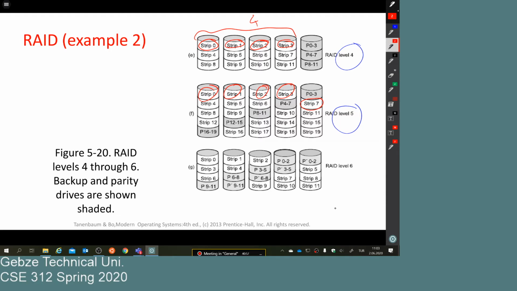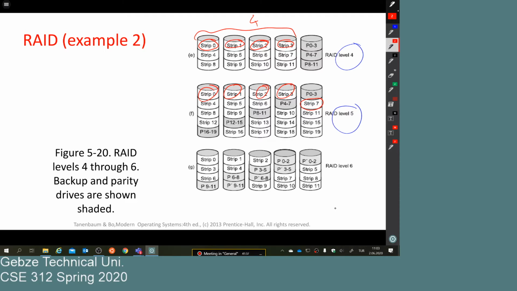So from time to time, I am using all 5 disks to read the useful data. If something bad happens, of course, I need to do the same stuff. But in the good times, when I am reading the useful data, most of the time I will be using all 5 of these instead of these 4. So both are using 5 disks, yes, but one of them is using all 5 for reading the useful data.